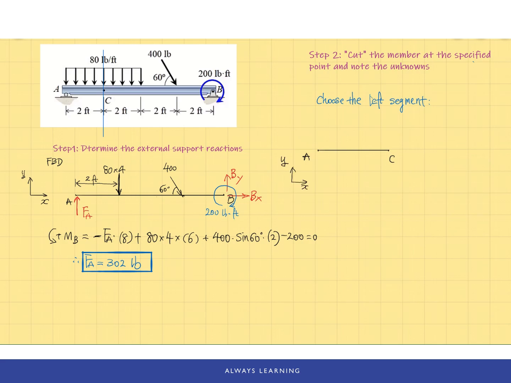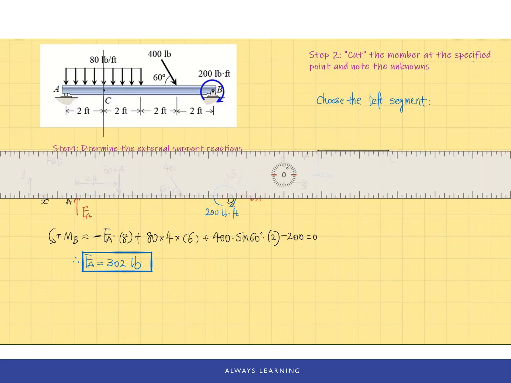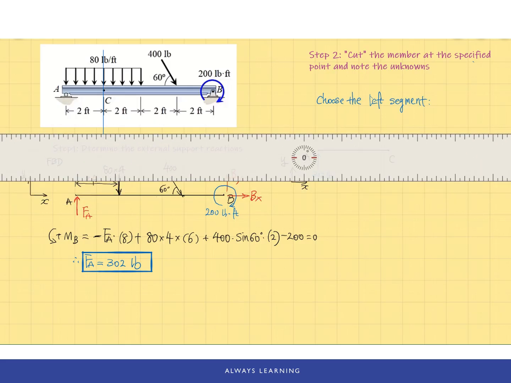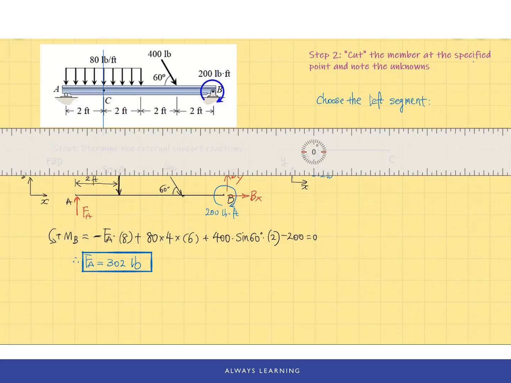At point A, we already solved for FA, so we can use it as a given value. This is 302 pound-force, and over segment AC here is the distributed load. For now, I'm just going to leave the distributed load over here.